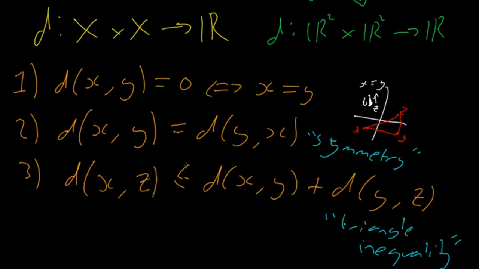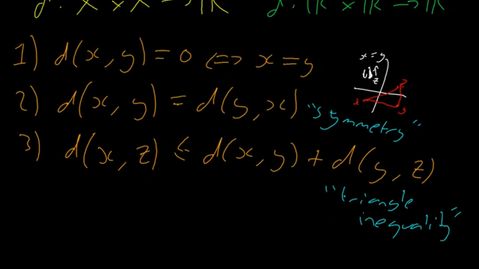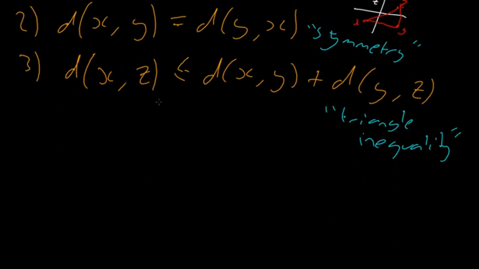So you may be thinking, well, earlier I said that non-negativity, that the distance between 2 points is never negative, was a property we wanted for a general metric, and I haven't actually included that here. But the combination of these three things actually implies it, so I'll prove this down here.